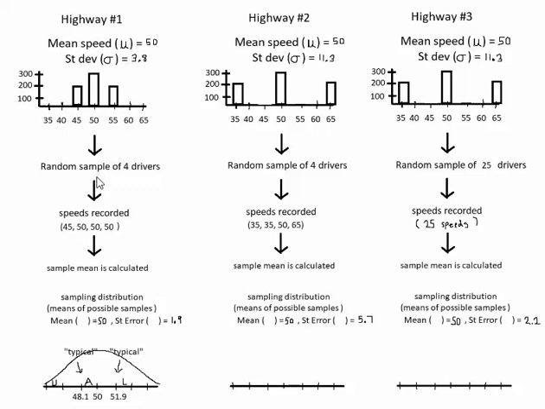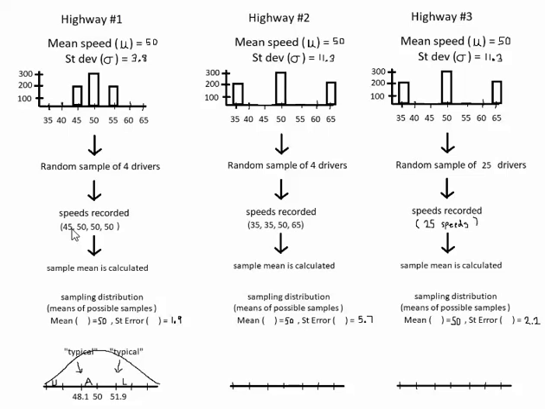And after that, make an arrow going down again and write speeds recorded. And then here in parentheses, I would like for you to actually make up the data of the random sample. So just make up 4 speeds and just write them out separated by commas, and just pretend like this is a random sample of 4 speeds.